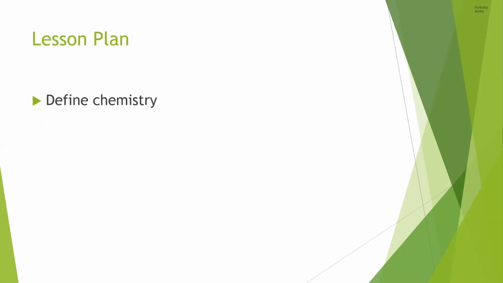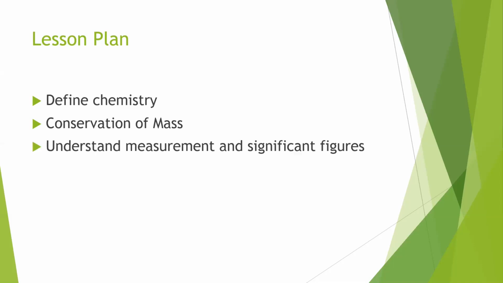For today, we're going to learn how to define chemistry and why chemistry is useful. We're going to learn the conservation of mass and use it to apply challenging problems. And for today, the biggest part is about significant figures. We're going to learn how to calculate significant figures and do addition and subtraction with them.